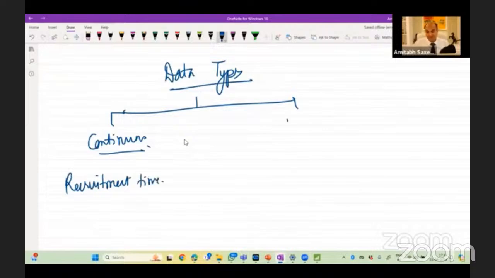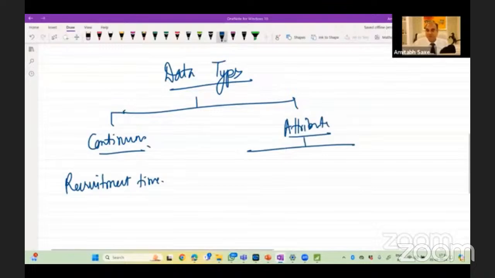And attribute data example could be, let's say, job description is not available or available. Okay. Job description, quality of the CV. These are all examples of attribute data.